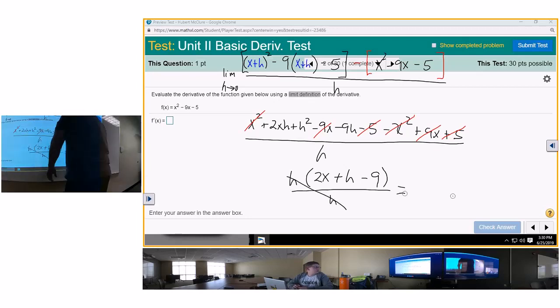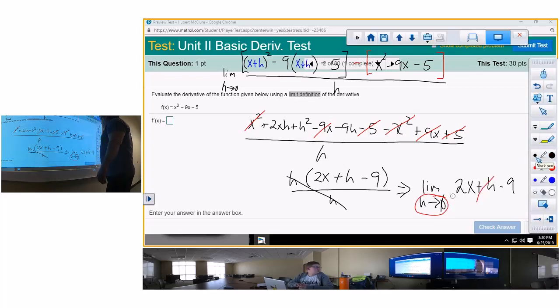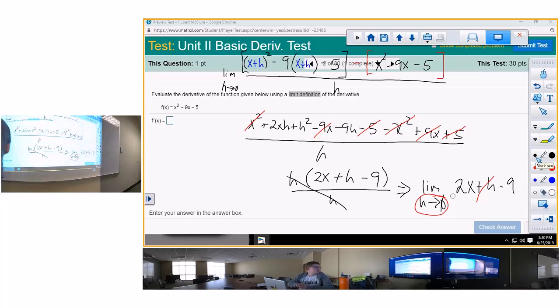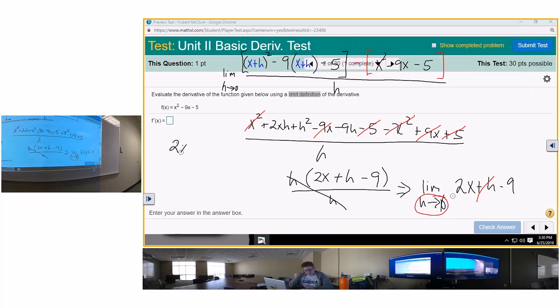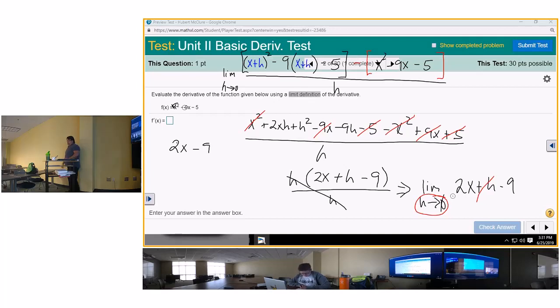So we have the limit as h approaches 0 of 2x plus h minus 9, and of course that is going to take that out, and you're left with 2x minus 9. And 2x minus 9. So take the derivative with your power rule just to make sure, and you are correct, 2x minus 9.